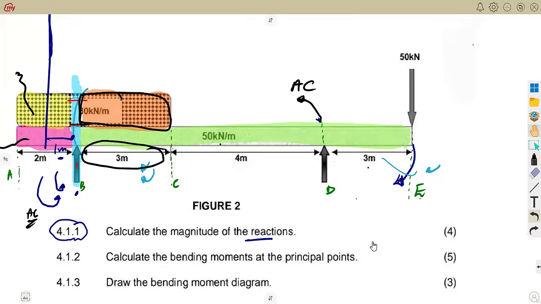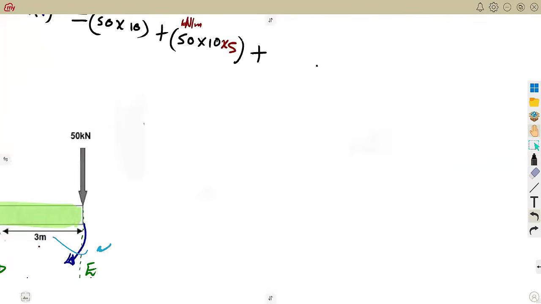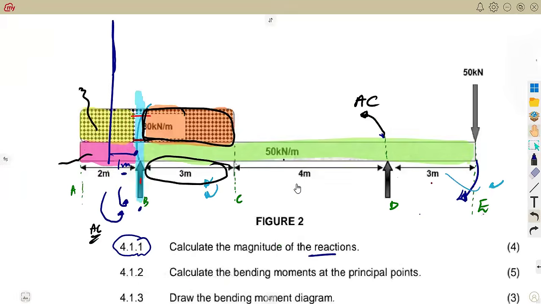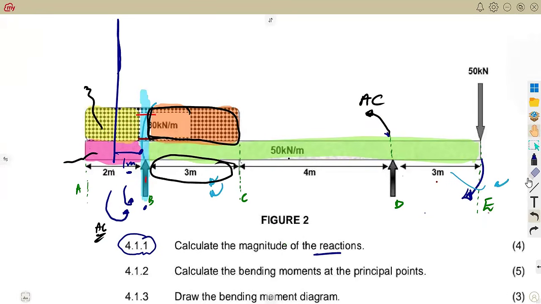So that's 80 times 3 to have the force. To have the force, it's just to have the force only here. 80 kilonewton per meter times 3, then times the distance back to B, definitely to be 3 divided by 2, because that is the only part that we have. Okay, let us just divide properly, guys. 3 divided by 2 is 1,5, so it's like this.